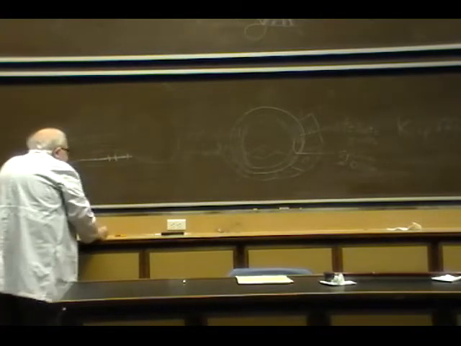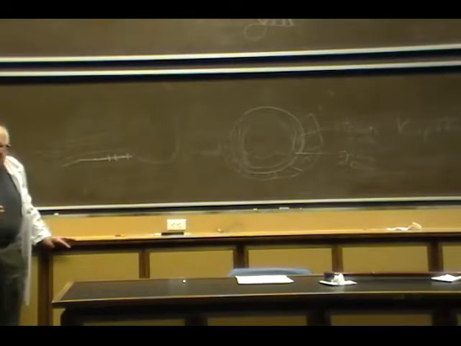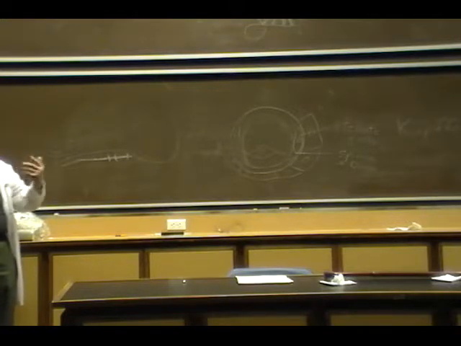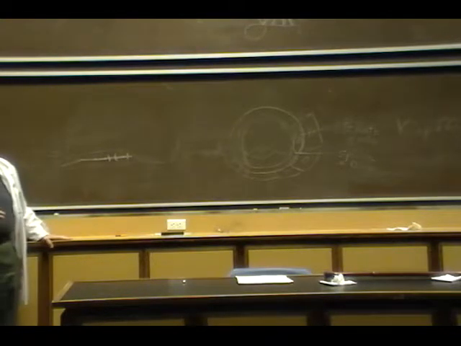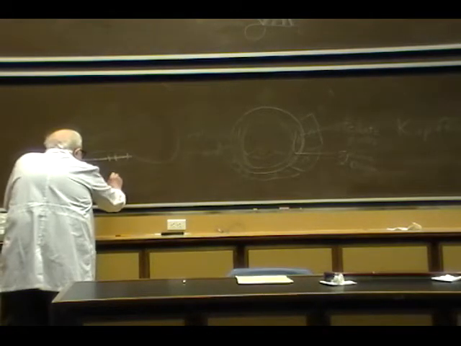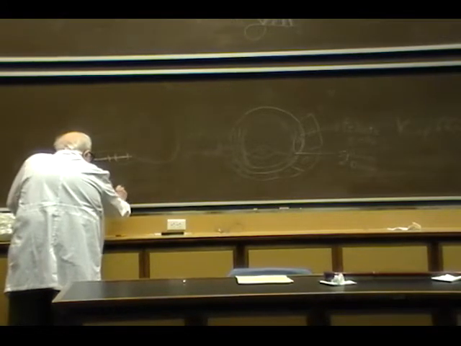The system of channels exists wherever two hepatocytes are together next to one another. So two adjacent hepatocytes will tend to form these channels. These channels are called bile canaliculi.